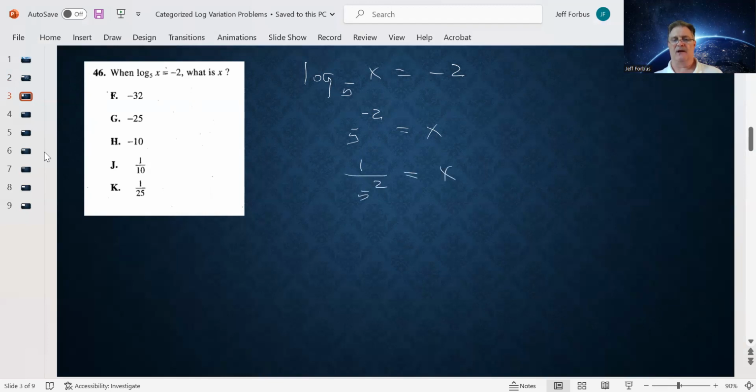That's equal to x, right? So 1/5 squared is 1/25. So we know x is going to be G. No, what am I saying? K. K. I don't know why I wanted to say G, but I bet many people will want to. But it is K, 1/25.